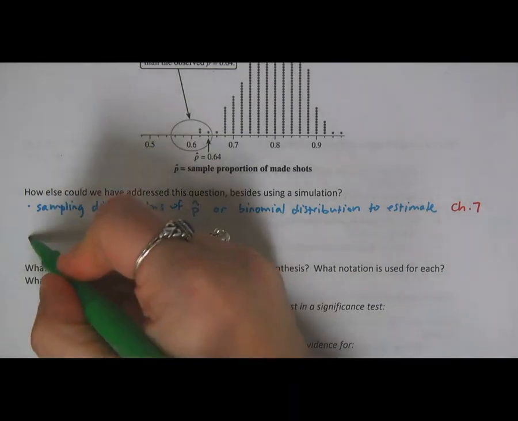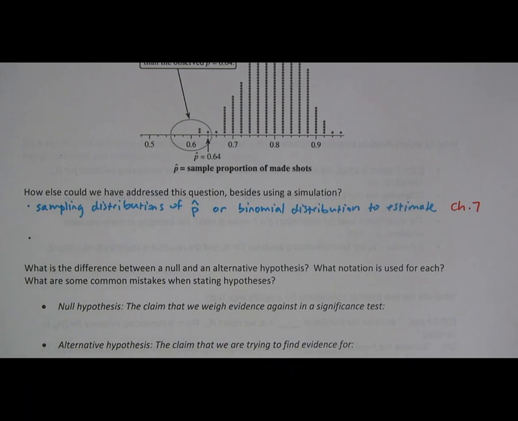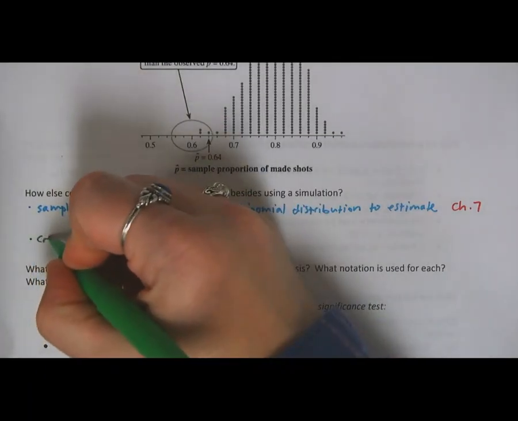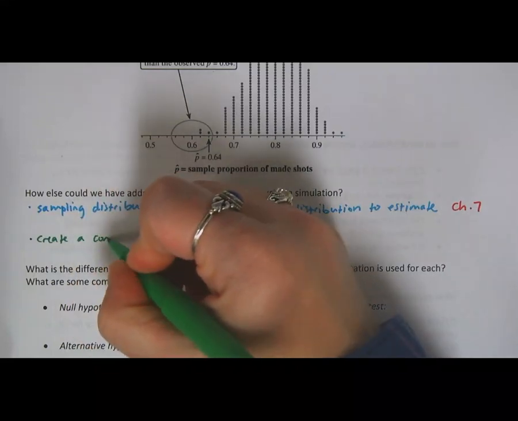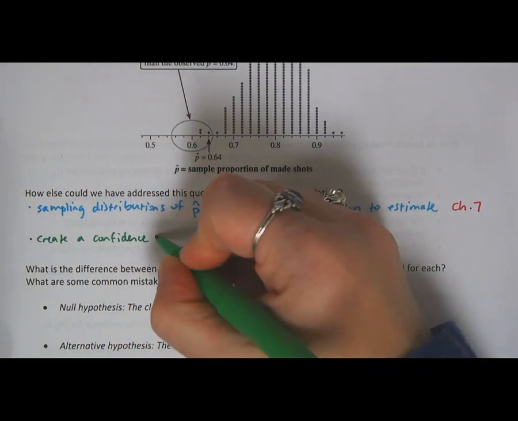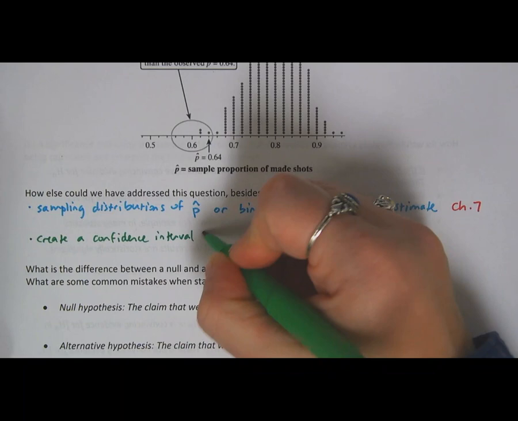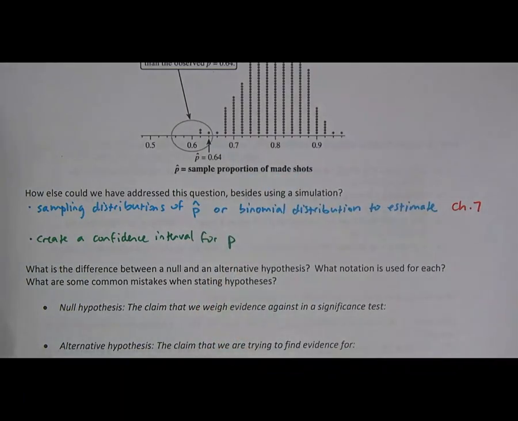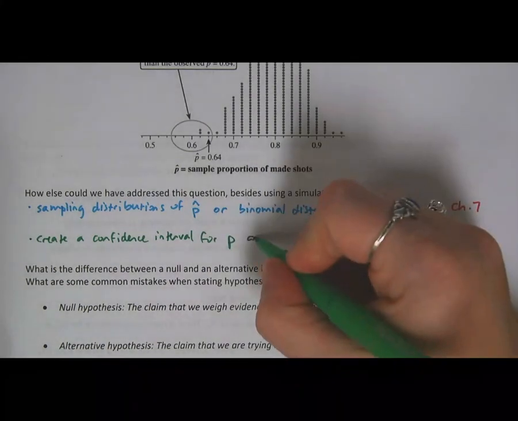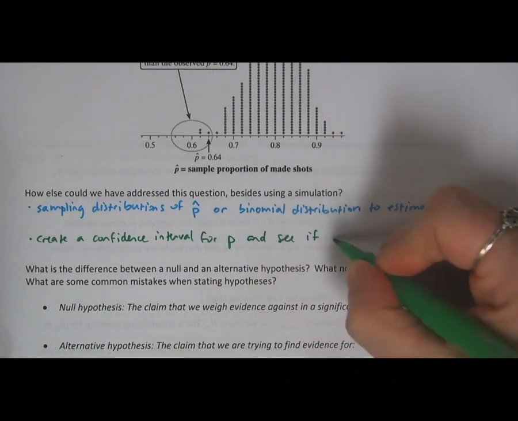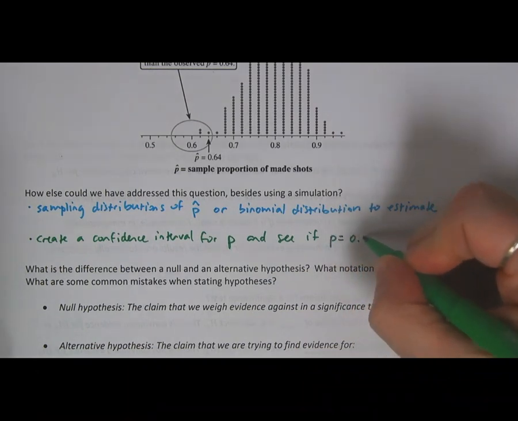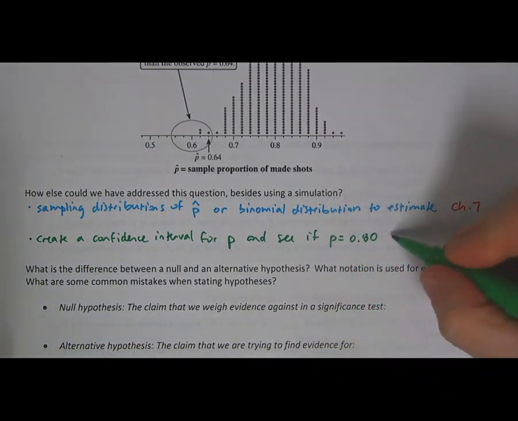The other thing that we could do, should be pretty fresh on your mind, Chapter 8, is create a confidence interval for P, the proportion of all free throws he makes in the long run, and see if 0.8 is a plausible value.